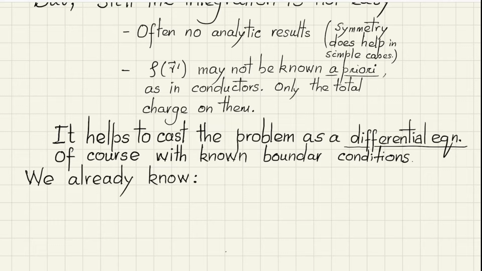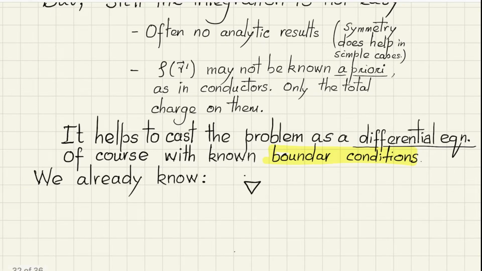And of course you know that that would require boundary conditions. And we know that the divergence of the electric field, this is a differential equation, is rho by epsilon naught. And we know that E can be written as minus the grad of the potential.